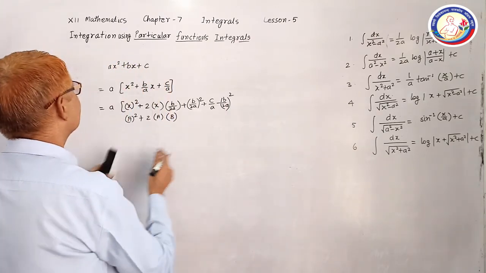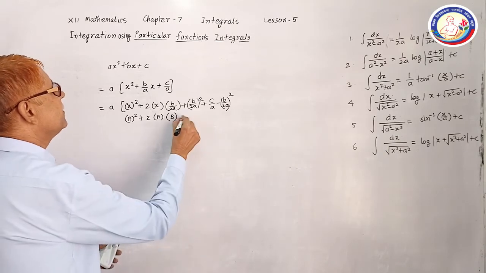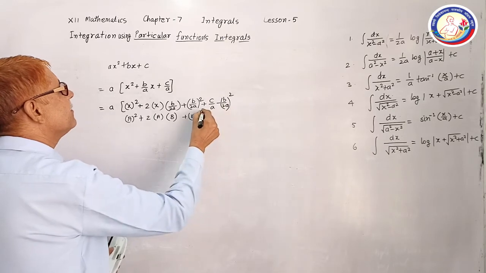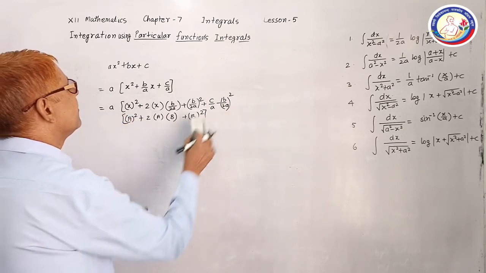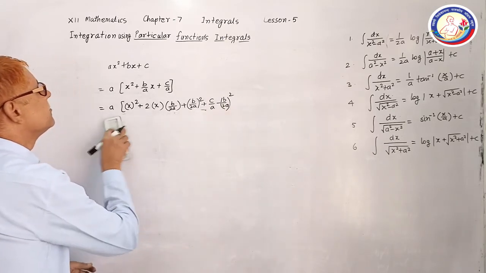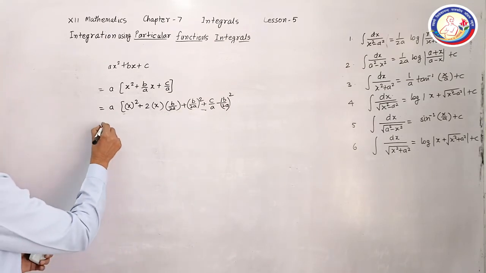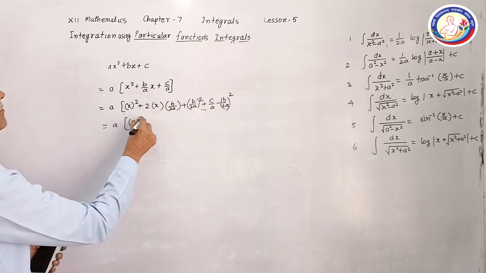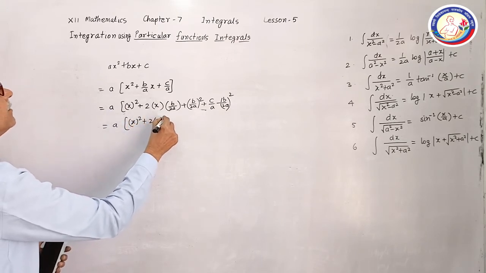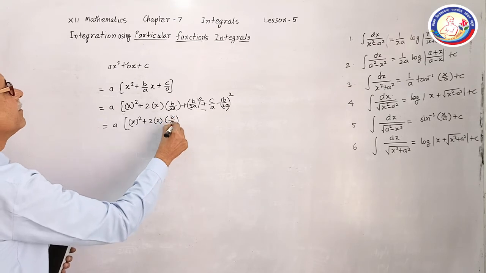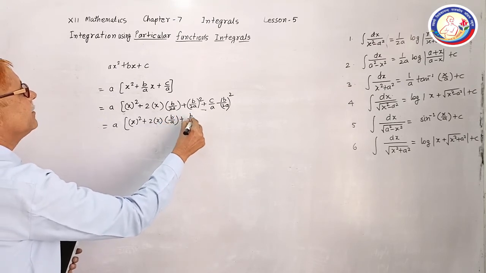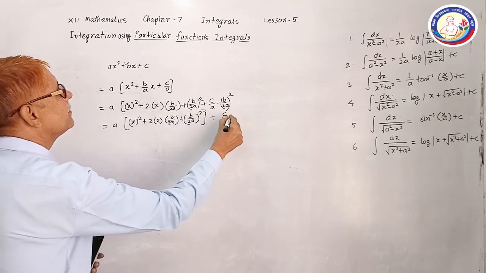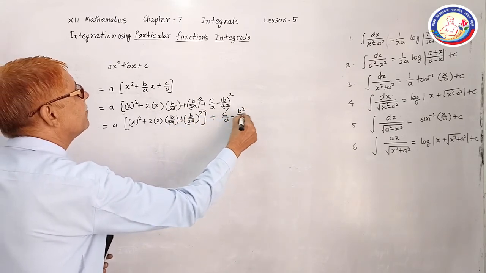Now the result will be, this is plus b square, and this we are taking separate. This will be a perfect square, and we can write it as follows: a into x square plus 2 into x into b by a plus b by 2a square. This is 2a, and plus c by a minus b square by 4a square.